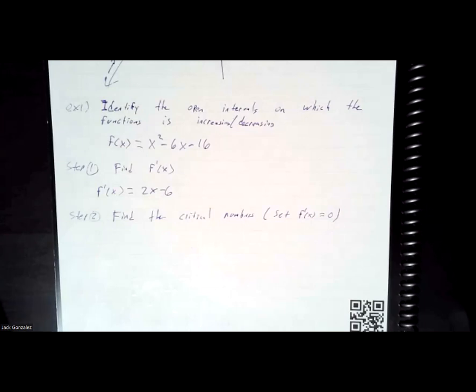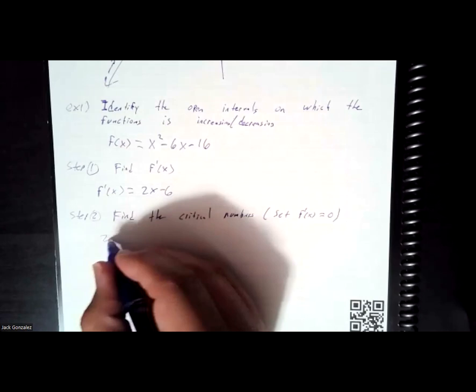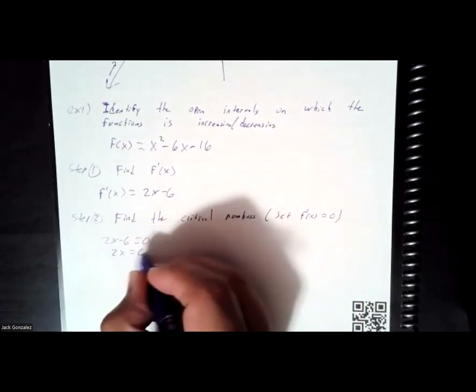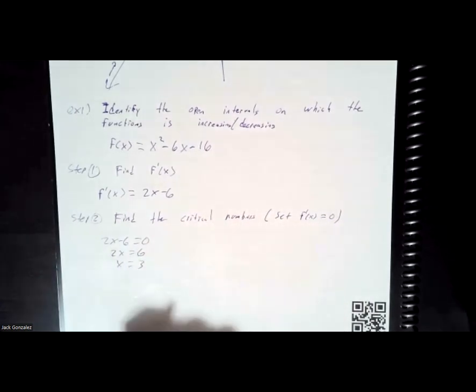So this one's pretty easy, right? 2x minus 6 equal to 0. 2x equal to 6. X is equal to 3. So there's my critical number.